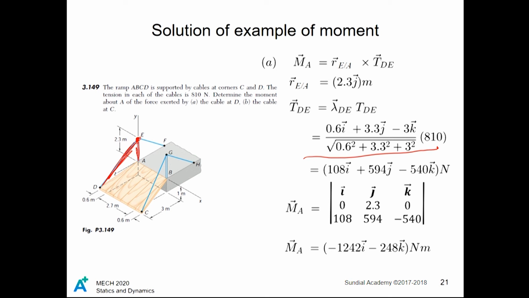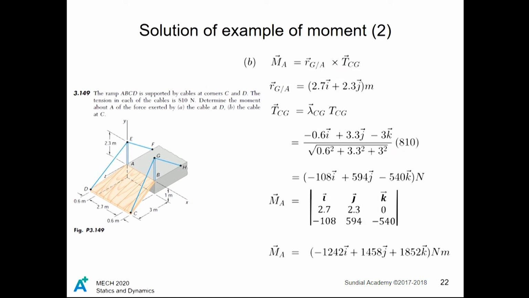The radius vector is simply 2.3 meters pointed straight upwards, so 2.3j. Now we form our determinant with the radius vector in the middle row and the force vector in the bottom row. We solve this determinant and get our answer as shown here.